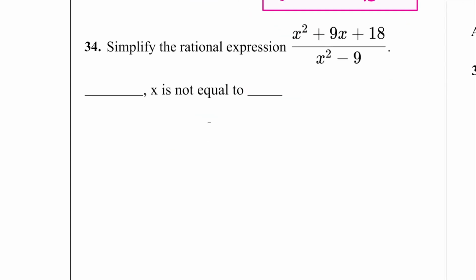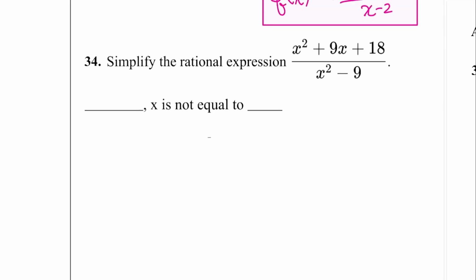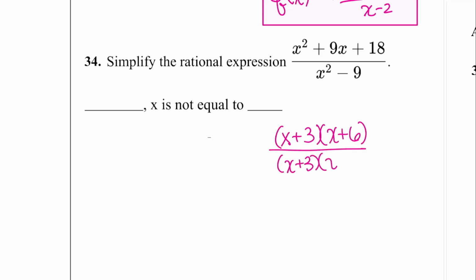Number 34, simplify the rational expression (x squared plus 9x plus 18) divided by (x squared minus 9). We can go ahead and factor the numerator and the denominator. The numerator is going to factor to (x plus 3)(x plus 6), and the denominator is going to factor to (x plus 3)(x minus 3).